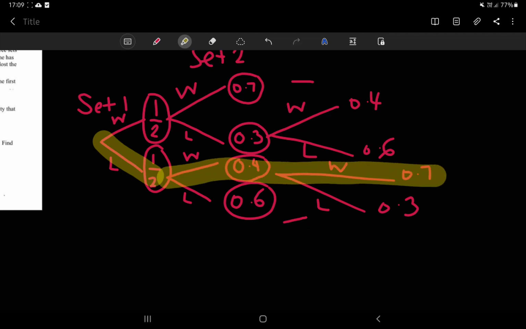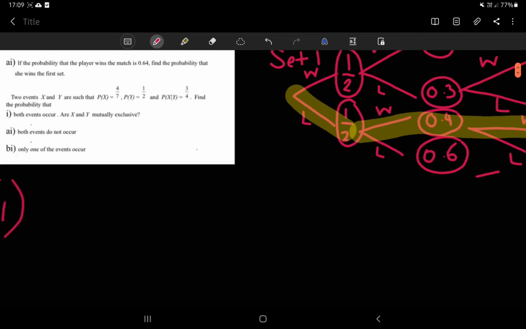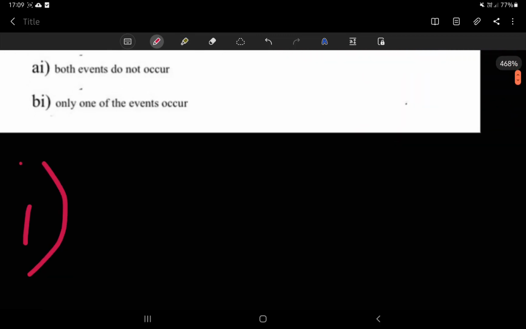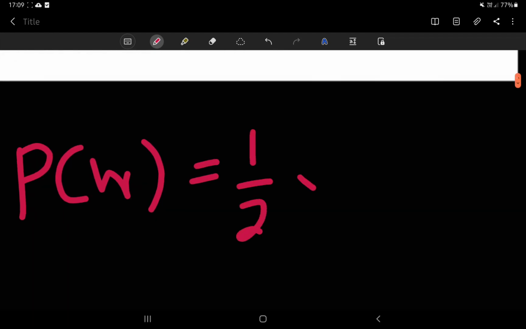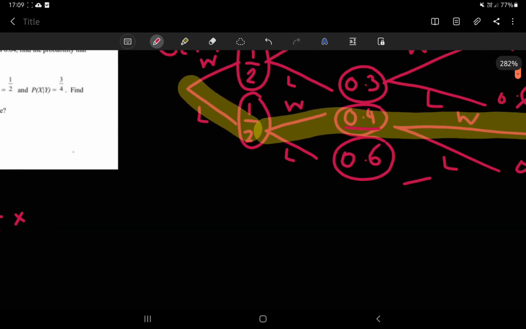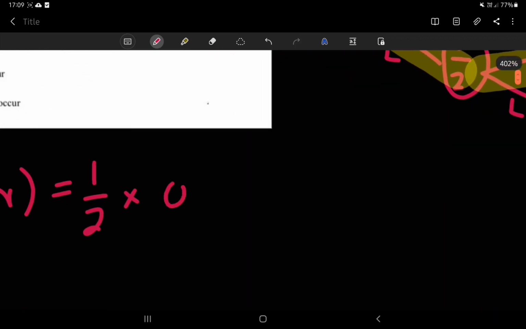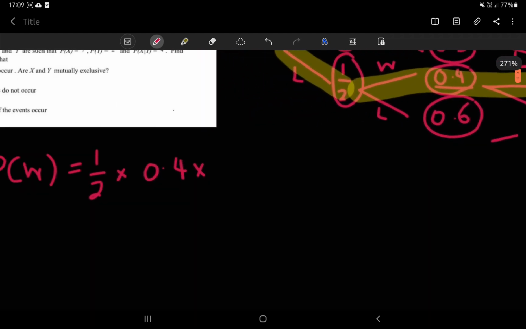Because she is winning, whatever value you see along that path, you just multiply it. So the probability of winning is 1/2 times 0.4 times 0.7.